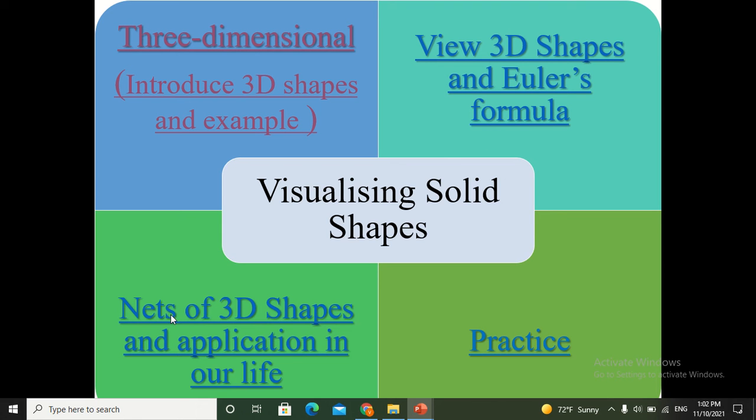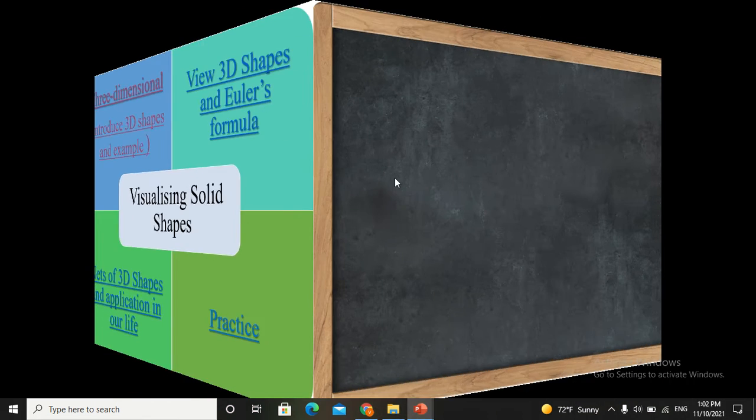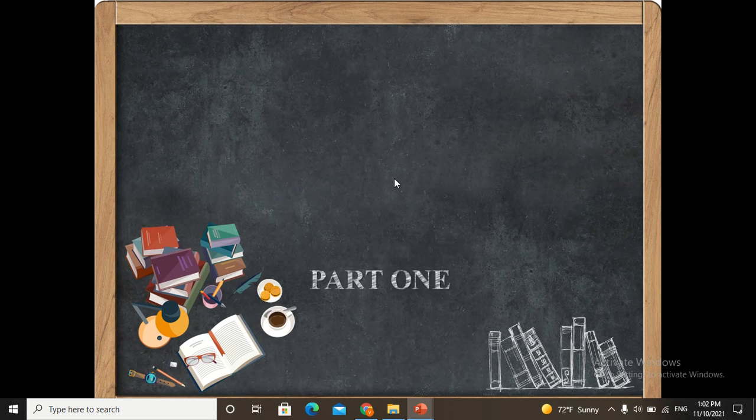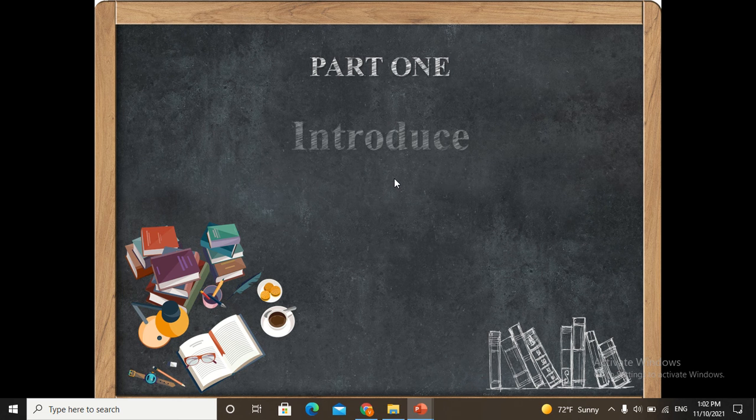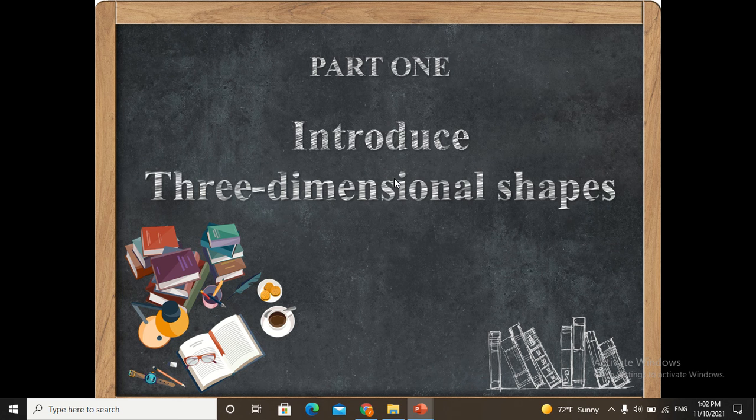Part 3, 3D shapes and their application in our life. And the last, Part 4, practice. First, we will learn Part 1, introducing three-dimensional shapes.